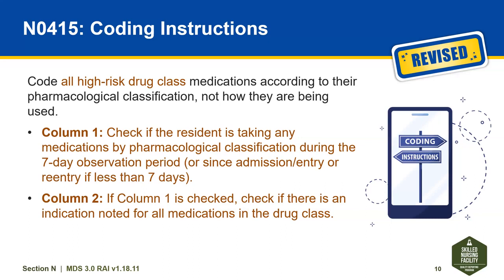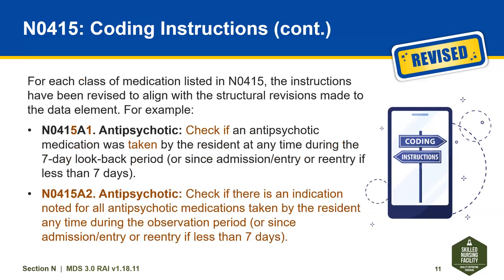For column 2, if column 1 is checked, check if there is an indication noted for all medications in the drug class. For each class of medication listed in N0415, the instructions have been revised to align with the structural revisions made to the data element.